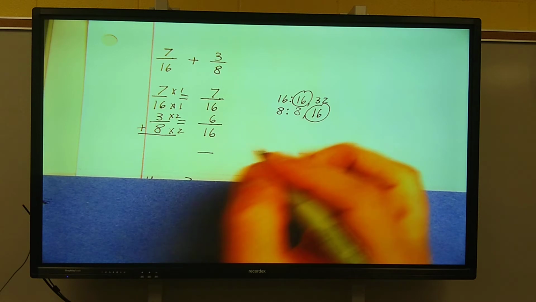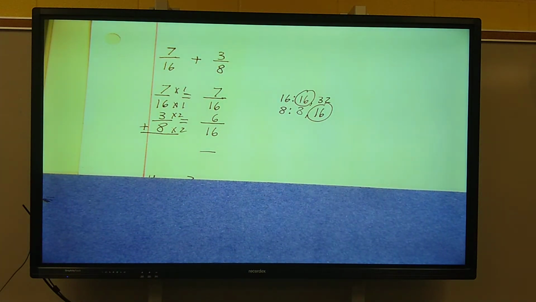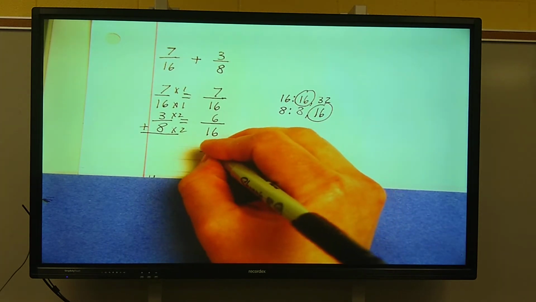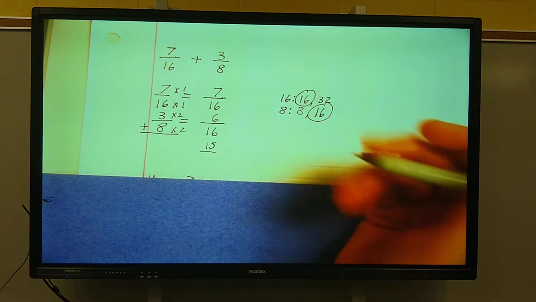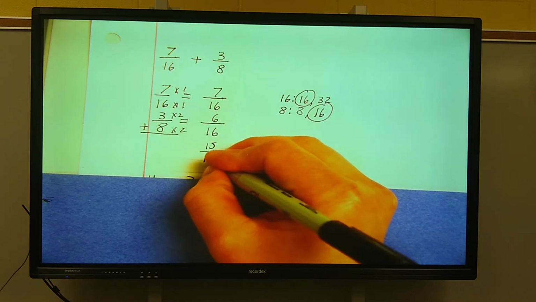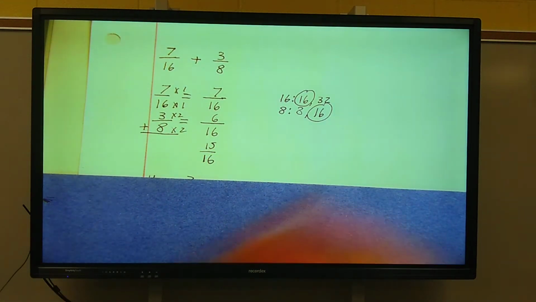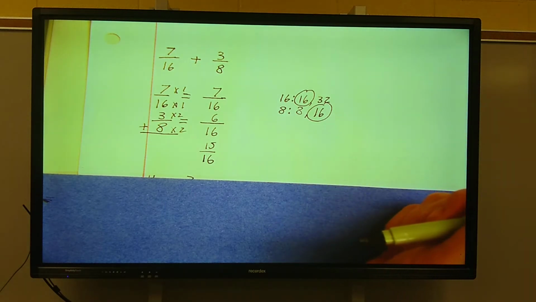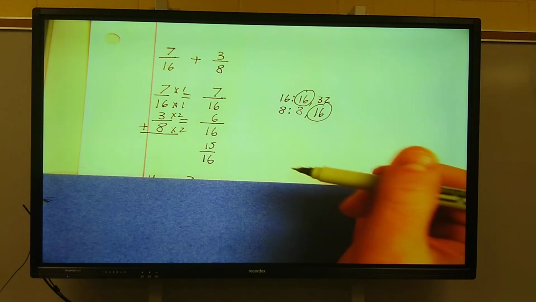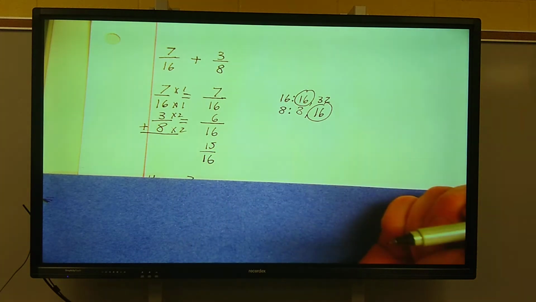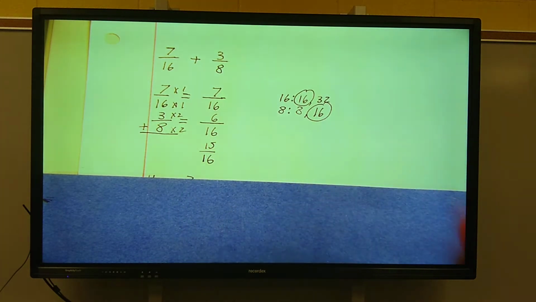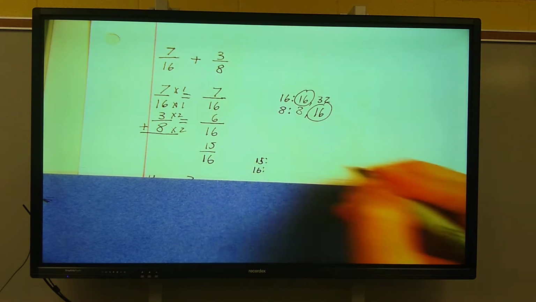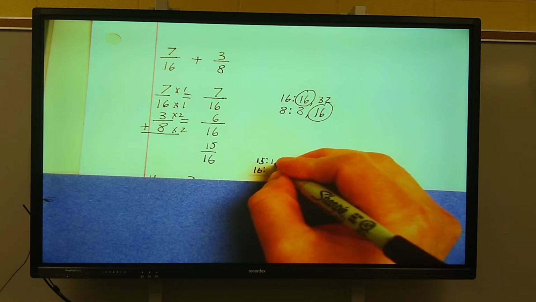Now I just simply add the numerators. 7 plus 6 equals 13. My denominator stays the same, 16. Now I must ask myself two questions. Is it an improper fraction? The answer is no. Now I have to check if it is in the simplest form. I must find the factors of 13 and 16.